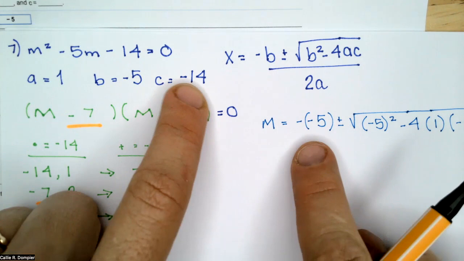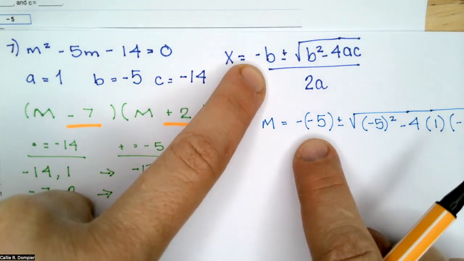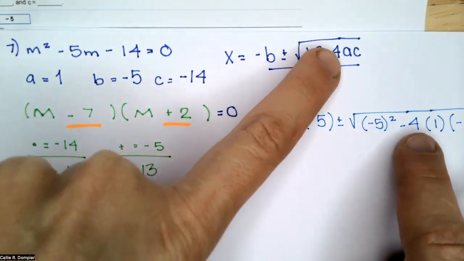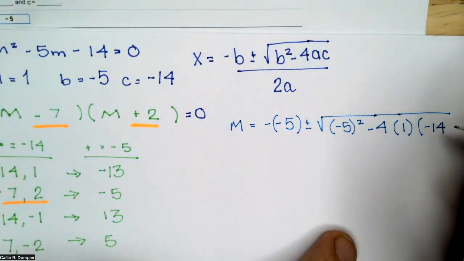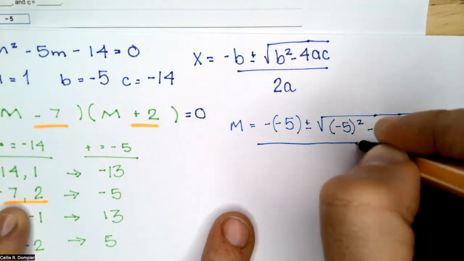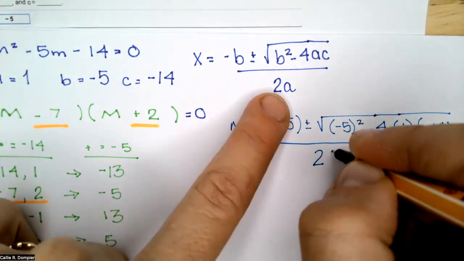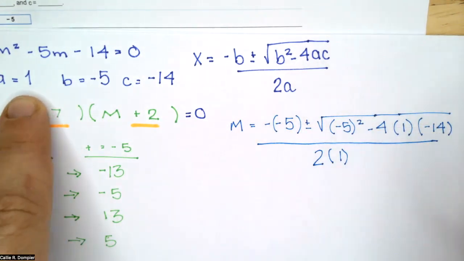Okay, so that was b, that was b squared. 4, that was a, and that was c. Over 2 times a, and our a was just 1.